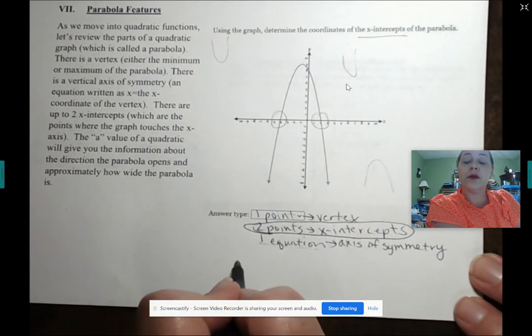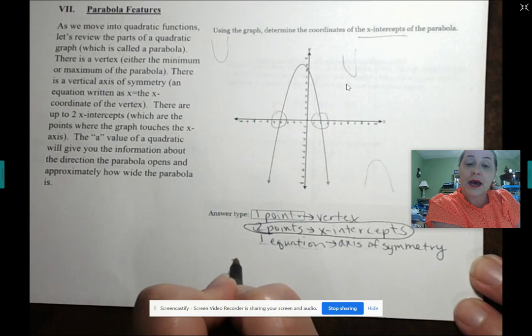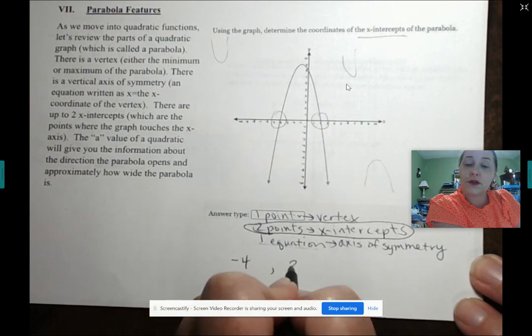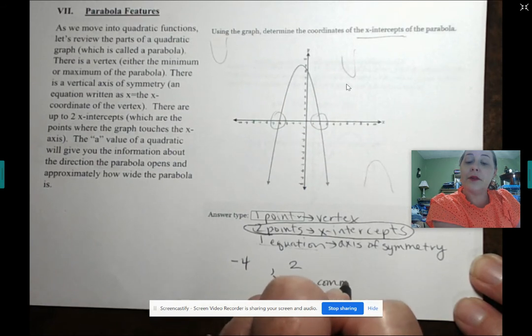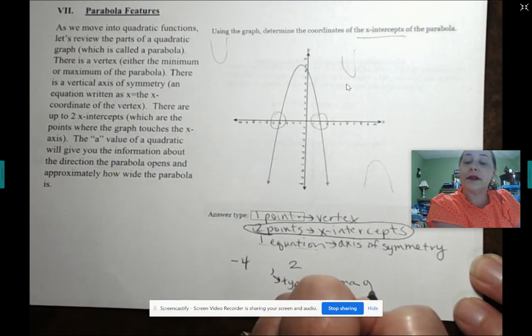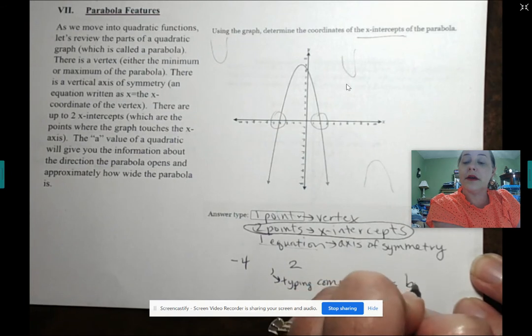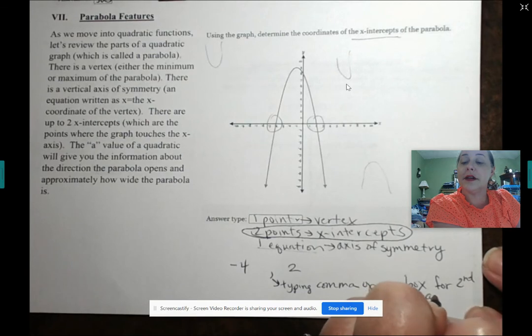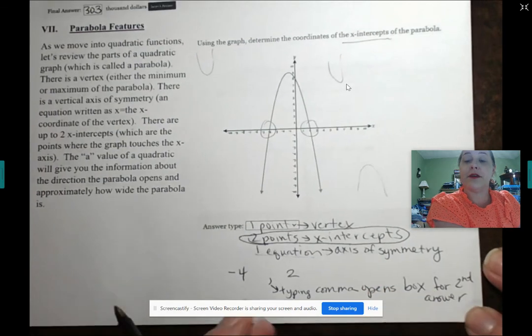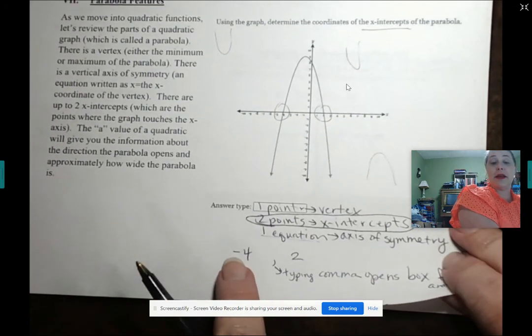So we're choosing 2 points, x-intercepts, -4, and then also 2. Remember, when you type in a comma in Delta Math, it opens the second answer box for your second answer. That's where we can type in both values.